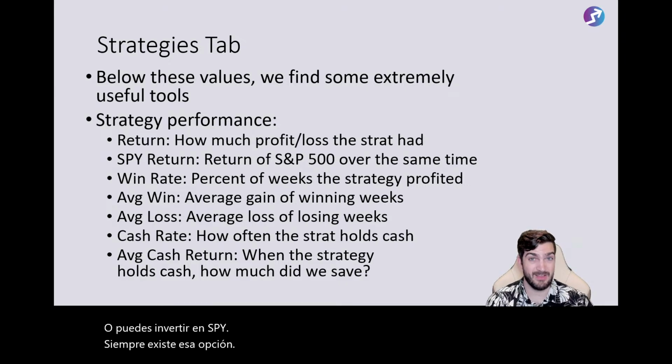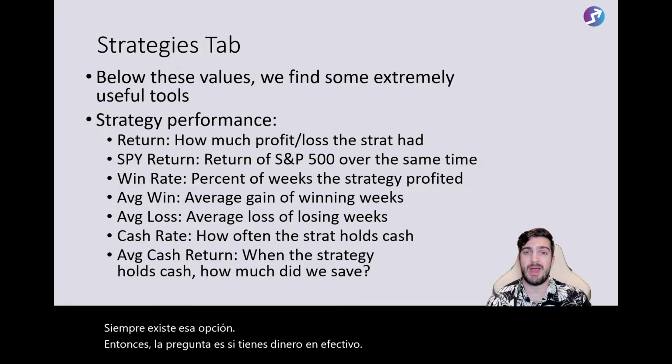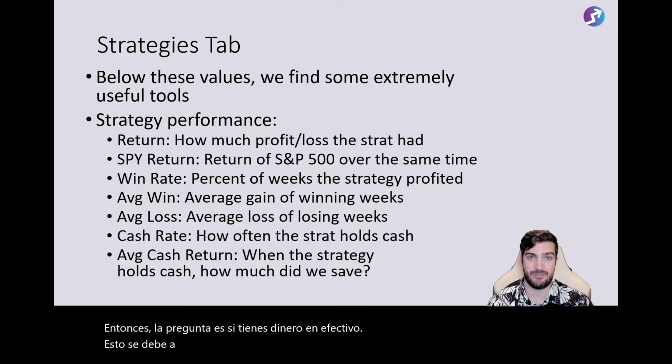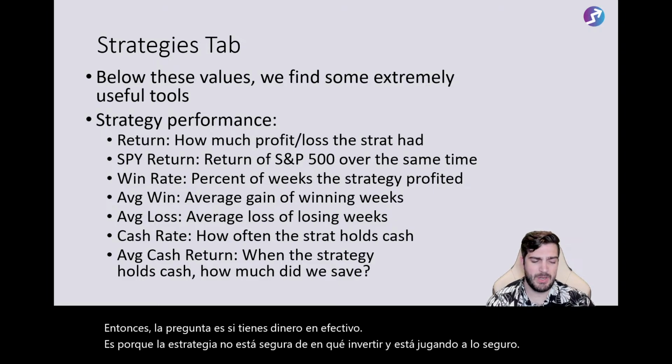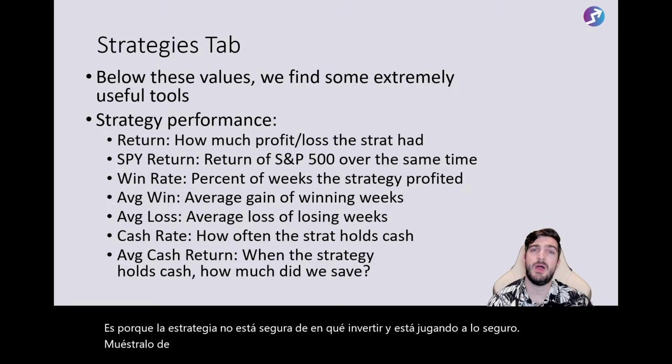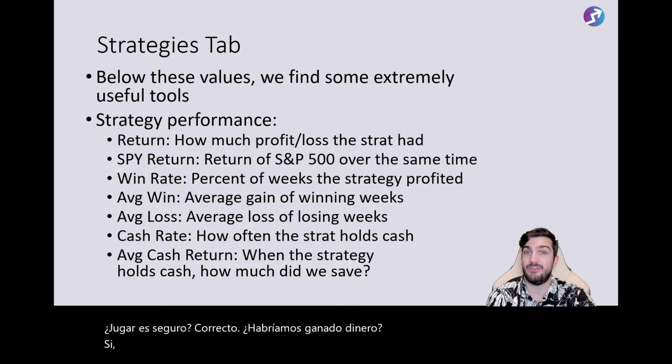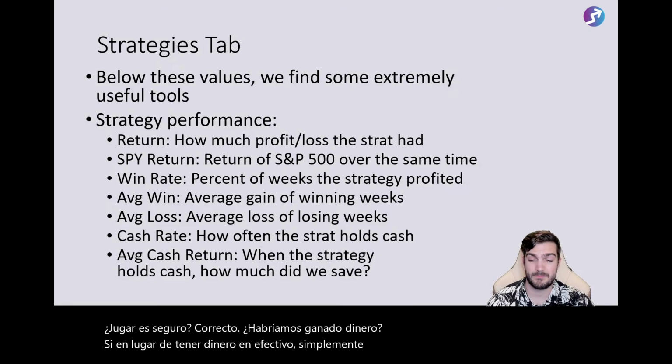So the question is, if you're holding cash, it's because the strategy isn't sure what to invest in, and it's playing it safe. But is playing it safe correct? Would we have made money if instead of holding cash, we just invested in SPY? Well, this metric tells us that.